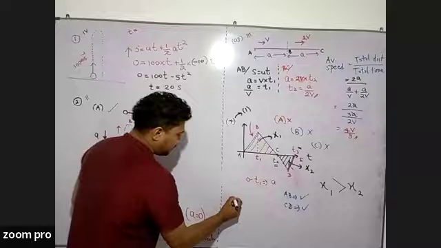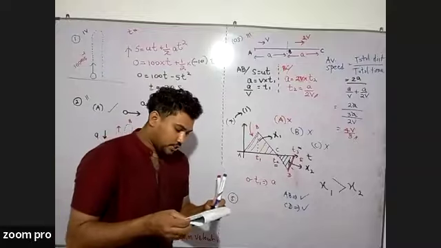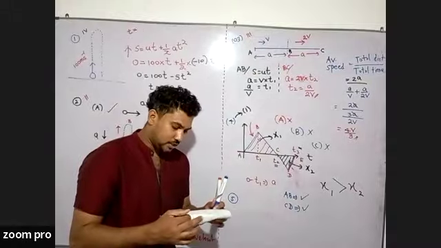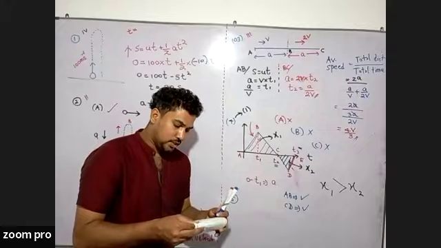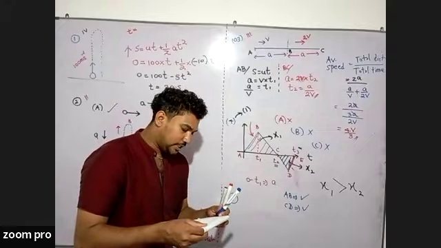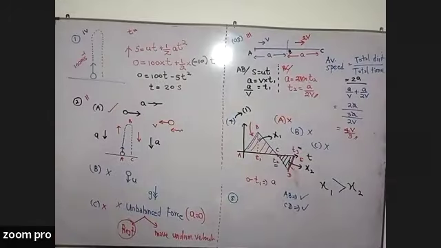In the fifth question, an object is dropped from a height h and bounced back from the floor to a height h over 2. Which of the following velocity-time graphs best represents the motion of that object?